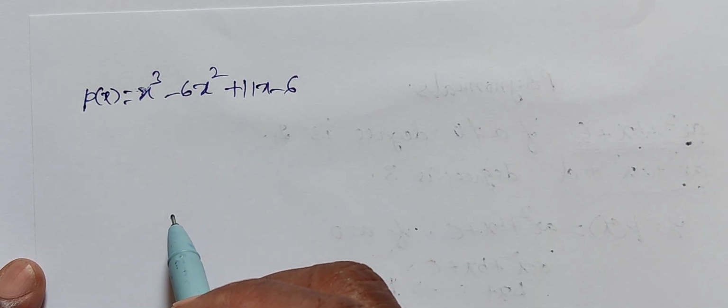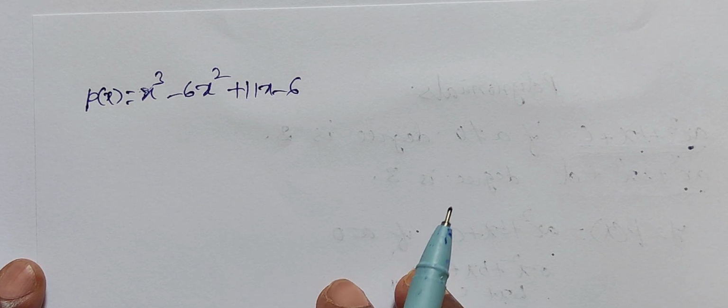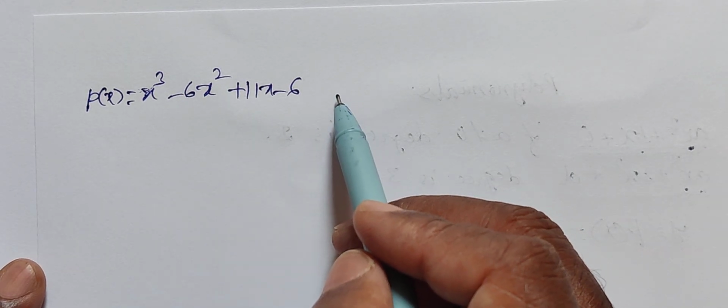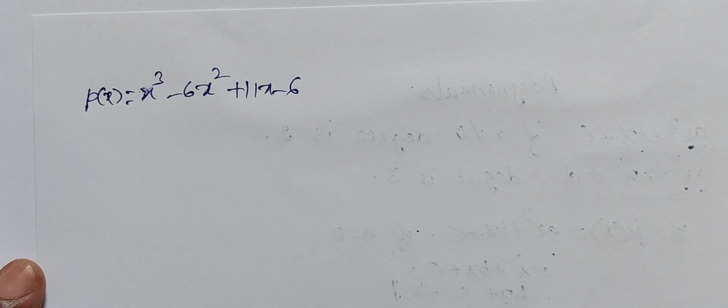In general, in 10th grade and these lower grades, the polynomials will always be in a single variable, whether you call it x, y, or t, or whatever. Here instead of x cube, I would say z cube. Then p of z is equal to z cube minus 6z square plus 11z minus 6. So here we always deal with only single variable polynomials in a lower class.